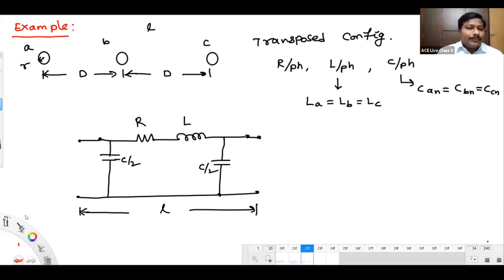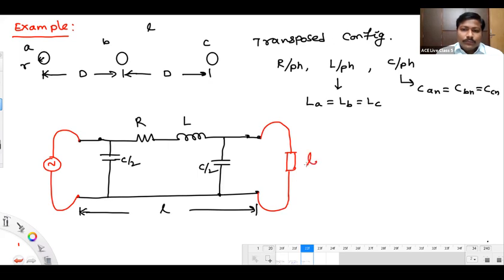At the input side, you might have a source, maybe a generator, assume that. At the output side, or the receiving end side, you might have a load. So I can say we have one source at this place, and here I will have some sort of load. This is a load and this is a source.